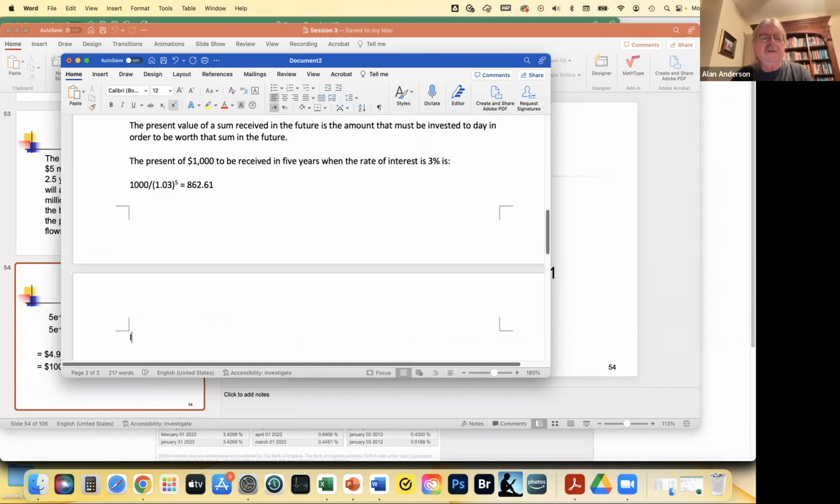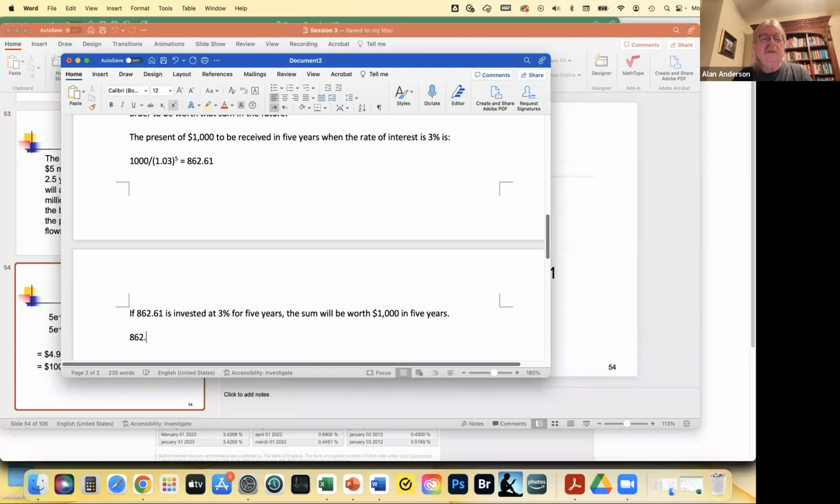In other words, if 862.61 is invested at 3% for 5 years, this sum will be worth $1,000 in 5 years. So we say that 862.61 is the present value of $1,000.